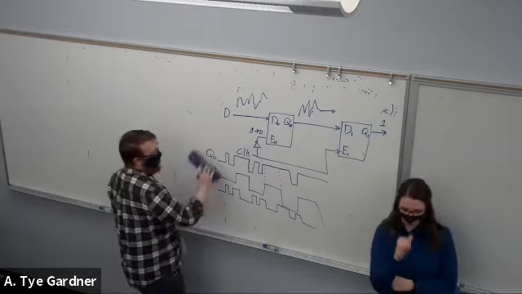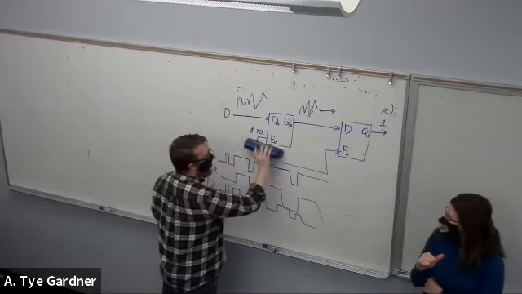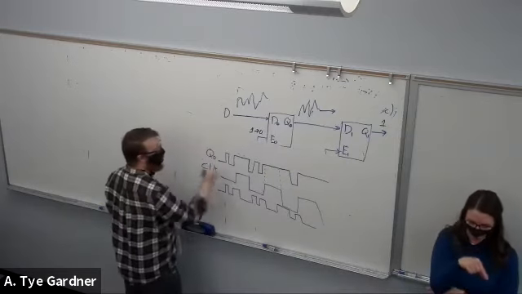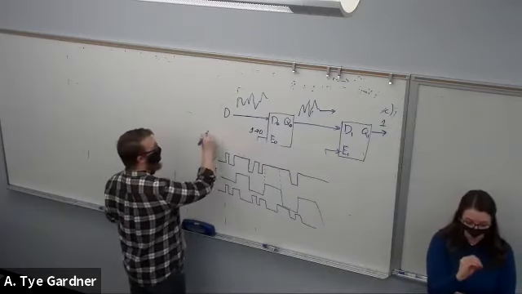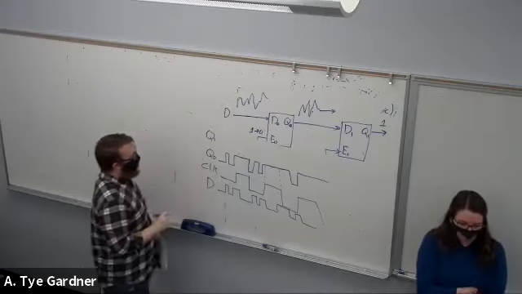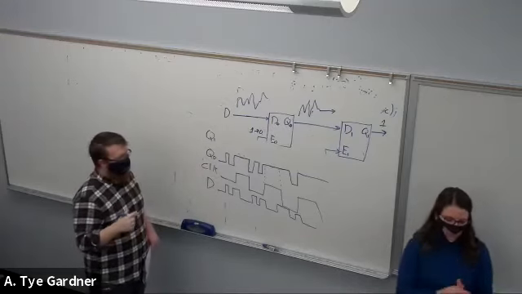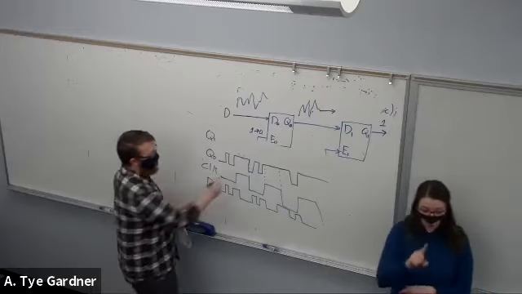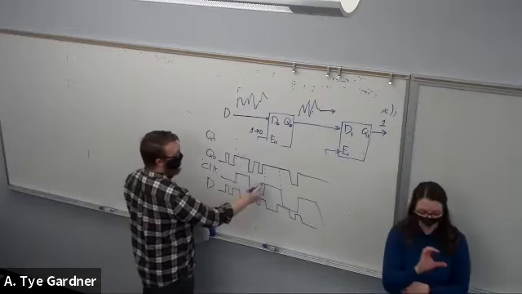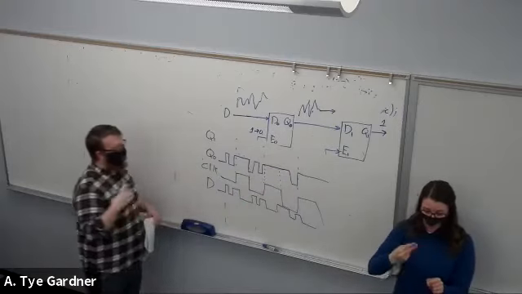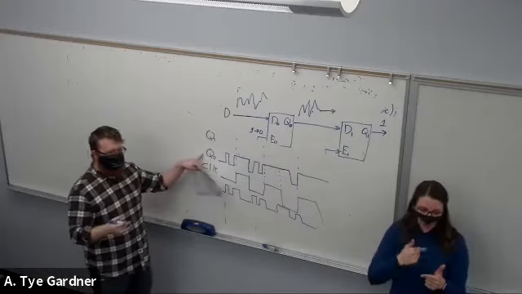And sorry, I'm going to have to erase this above so I can make room to finish off Q1, which is our final output. Now all it's going to do is if clock is high, then we're going to follow Q naught.